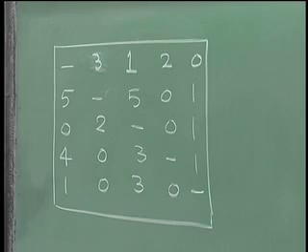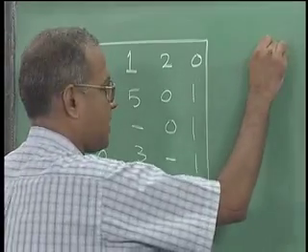So, we have subtracted the row minimum from every element in the row. Now, we subtract the column minimum.